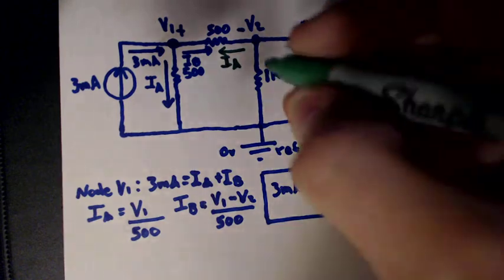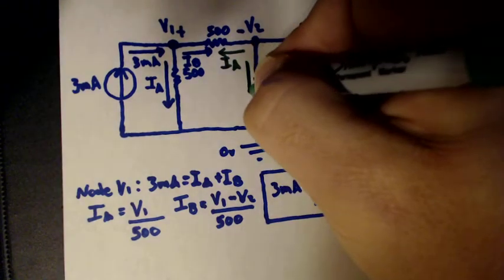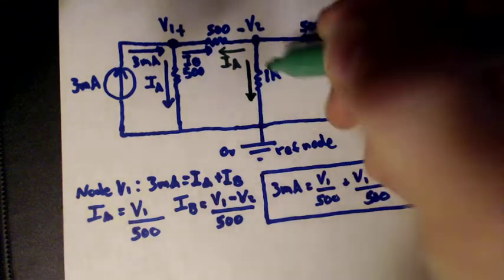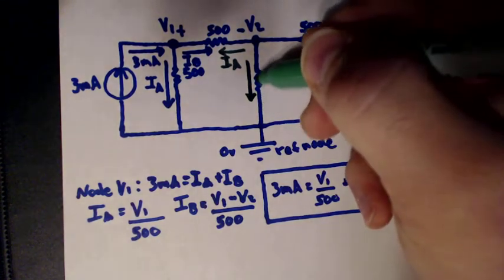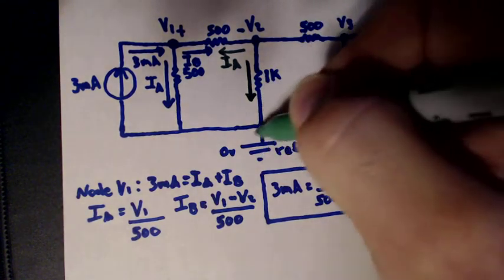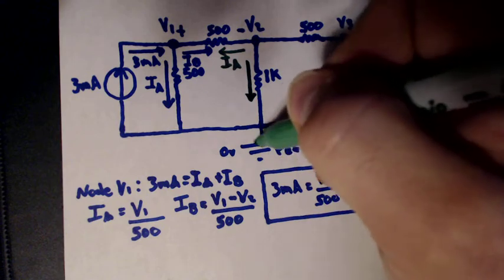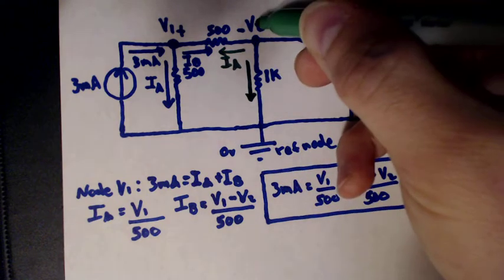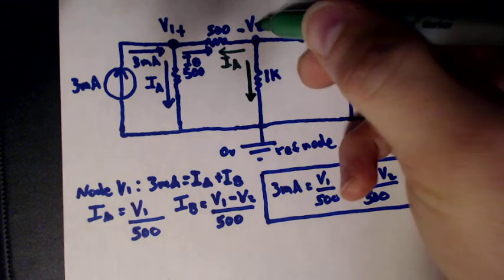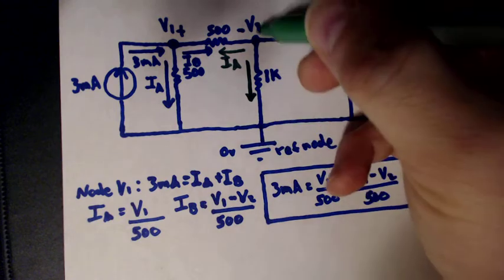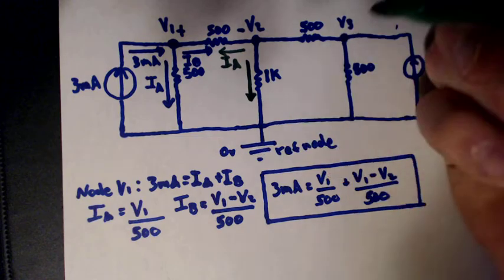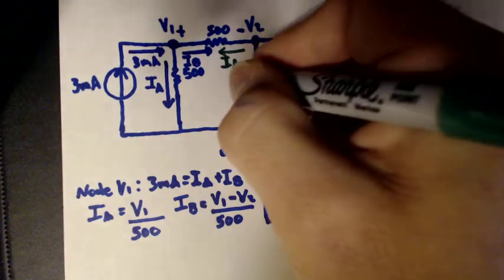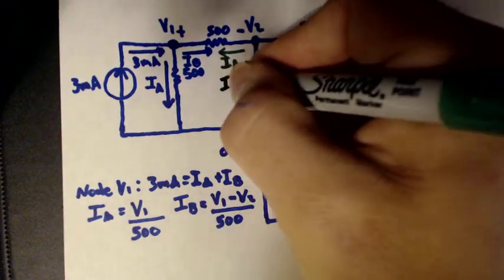But I'm going to keep it easy, and I'm just going to say that my current goes down. And the reason I'm doing that is because I already had this voltage listed as a reference node at 0 volts, so I'm just going to say that the current goes from V2 to 0 volts, goes from a higher voltage to a lower voltage. I don't have a value for this, so I'll just leave it as IB.